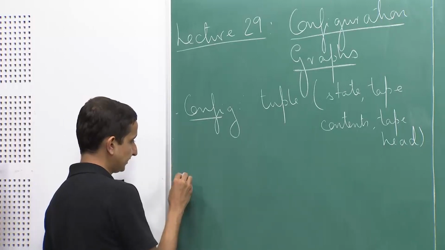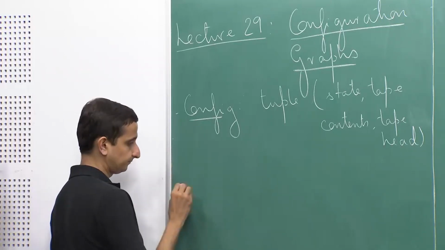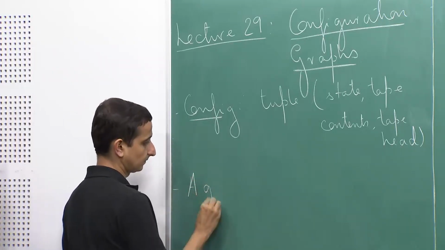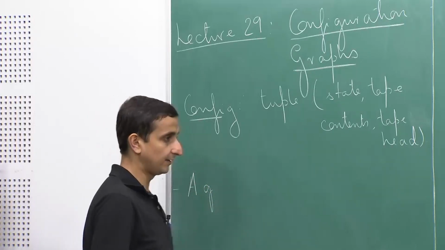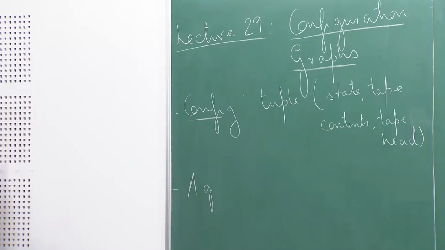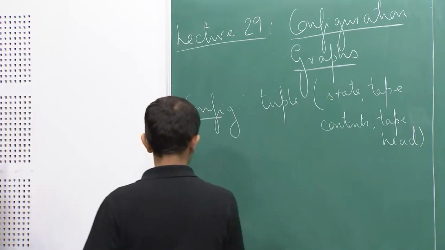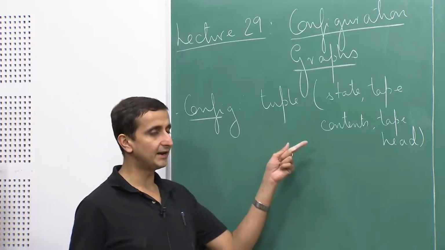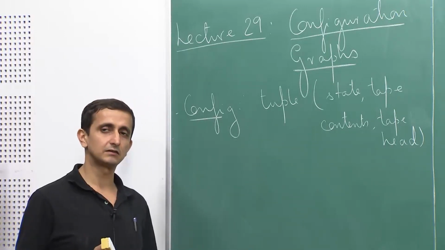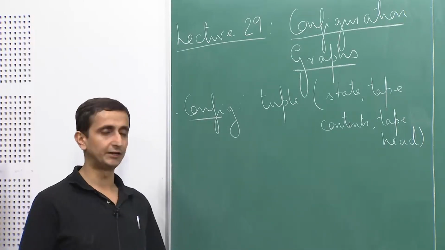So, a configuration graph, once again as with a configuration, is only defined if we fix a Turing machine and an input to the Turing machine.